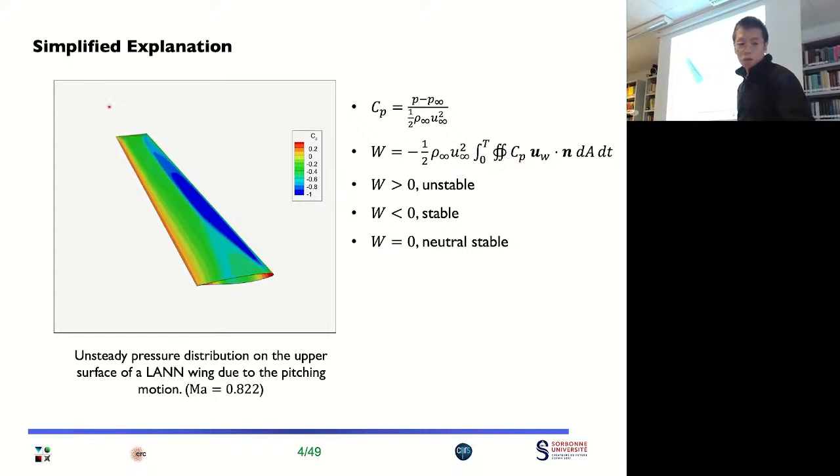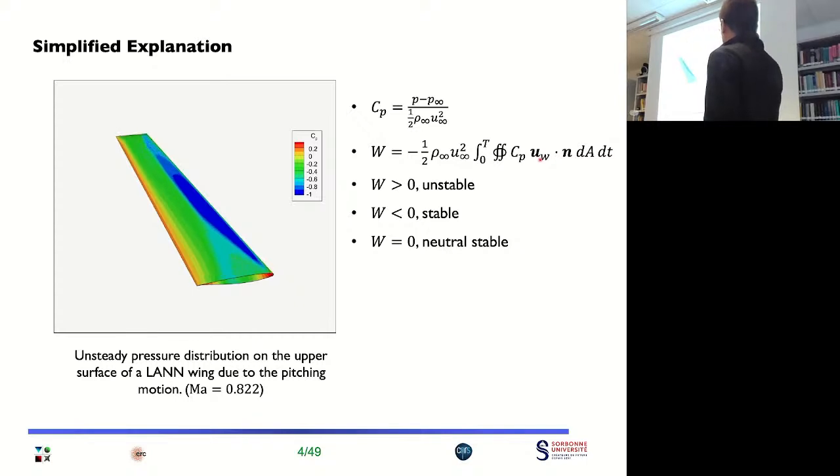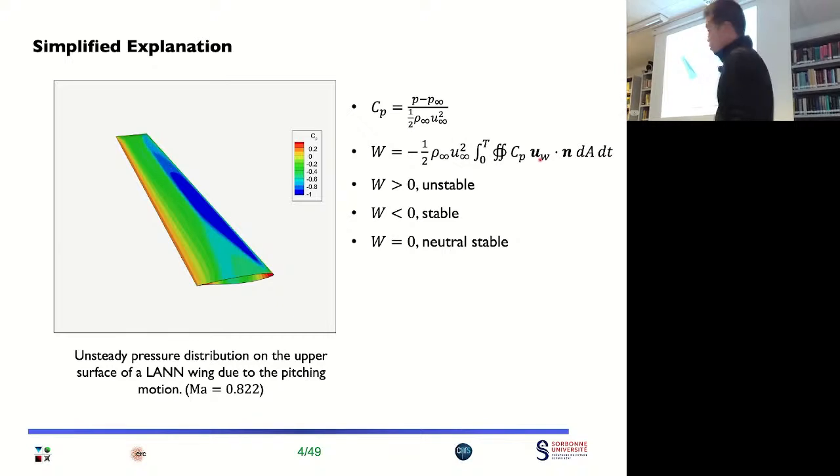Due to the phase difference between the aerodynamic forces and the structural displacement, this integral can be larger, smaller, or equal to 0, which correspond to unstable, stable, and neutrally stable scenarios respectively.